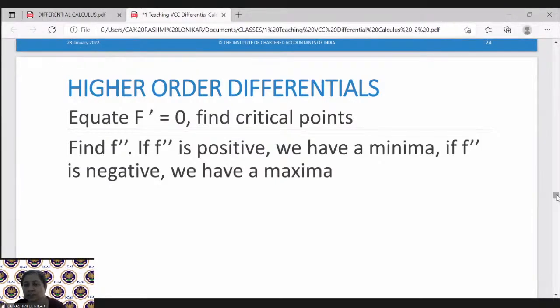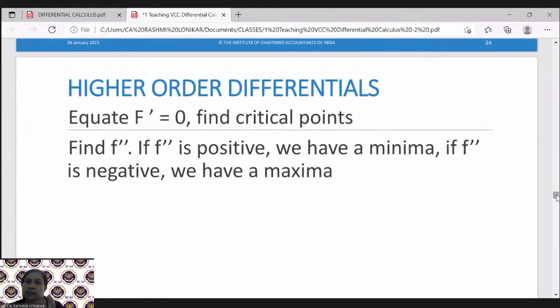What is the meaning of this? I find the first derivative, I equate that derivative to 0, I solve it and I find the values of x. Those values of x are called critical points. This means that something is happening in this equation at those points.